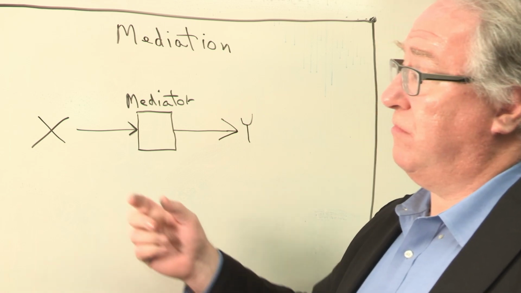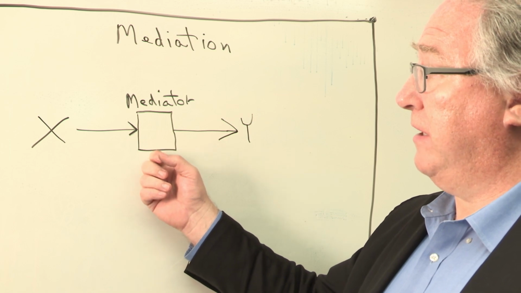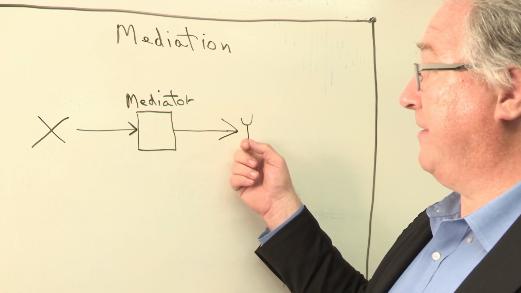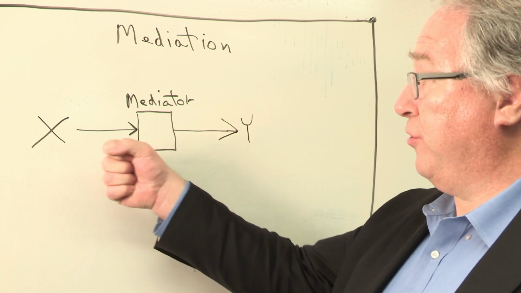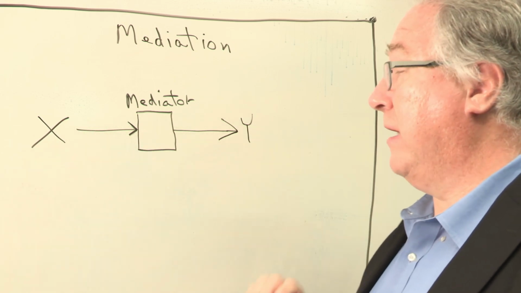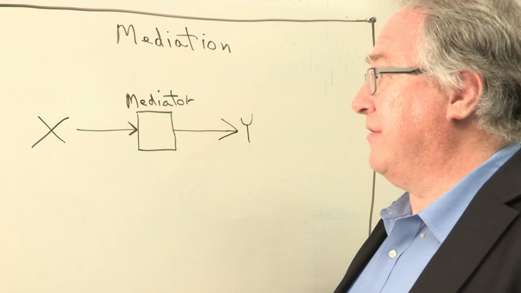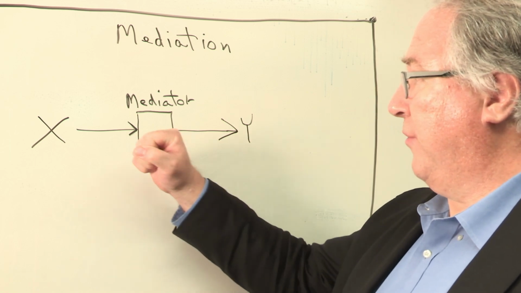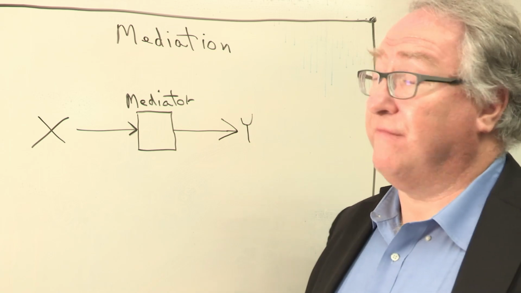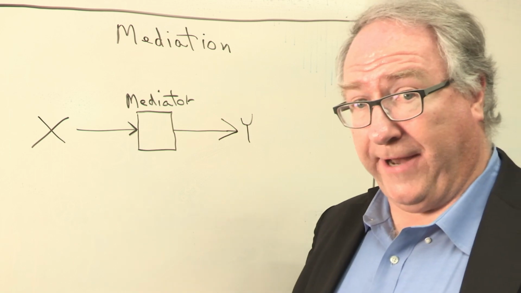We would have some effect of X on the mediator variable, and then an effect of the mediator variable on Y, our dependent variable, and then through the mediator we have this indirect effect of X on Y. That's what we're asking, whether we have this significant indirect effect through the mediator or not. If not, then that would support a direct effect of X on Y.